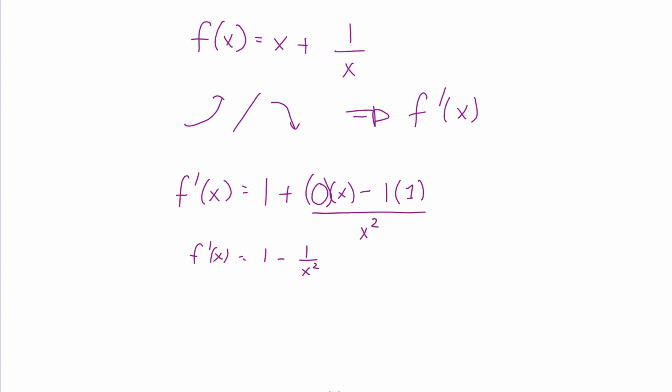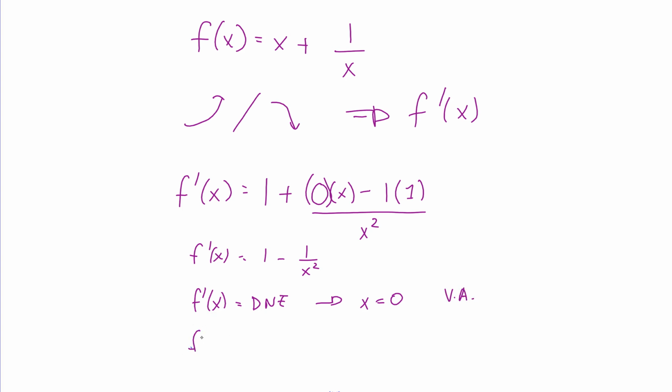So here we know that x is undefined at 0, so f prime does not exist when x is equal to 0. So that's a vertical asymptote.